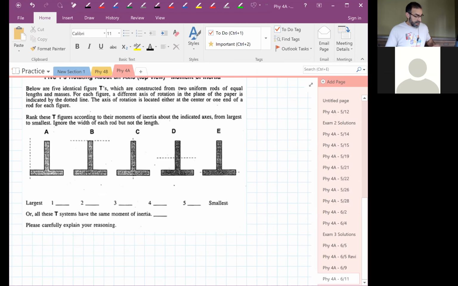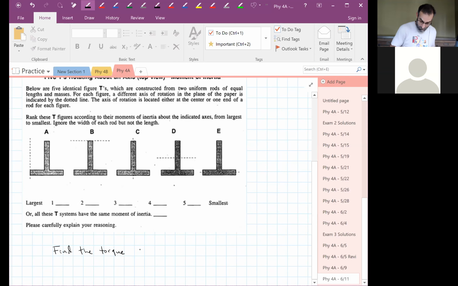And now the next step here, we're going to find the torque from gravity. So these T's, in case you're wondering, they are being held horizontally.